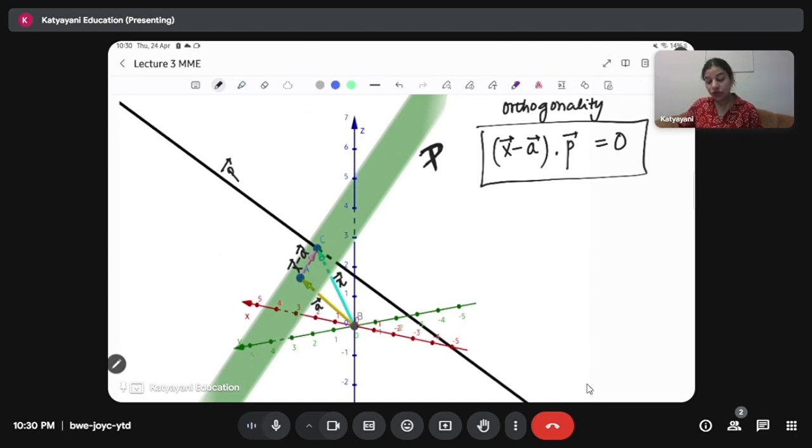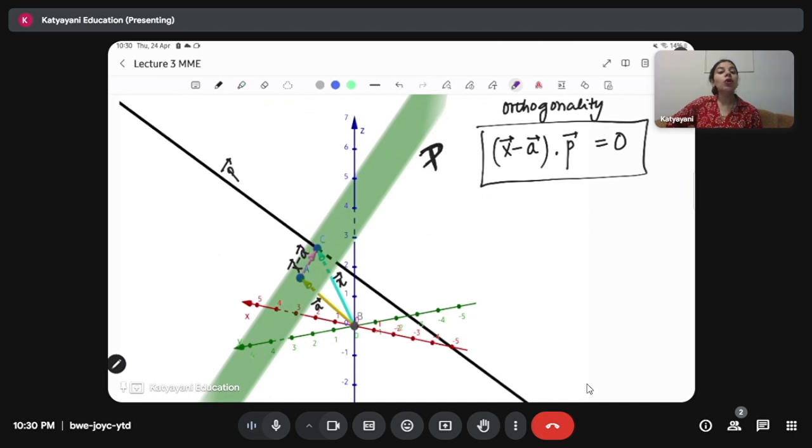So here I have constructed such a line with the help of vector x. तो मैंने एक vector x लिया, right, which goes from the origin to point C on the plane, right, and then I know that from point A to point C this would be vector x minus a, and it lies on the plane, right. So this vector p should be perpendicular to this vector x minus a as well.